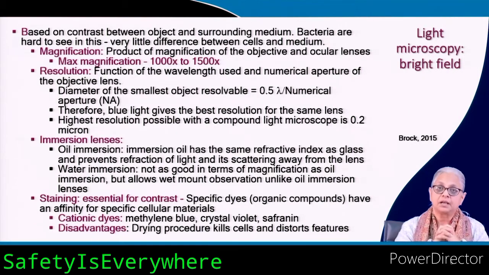We don't have air in between because, one, the objective lens comes very close to the object, and two, to ensure that the light passing through the object is collected by the objective lens completely. So you have a drop of oil or a drop of water, either of them will do. Oil gives better results. This is done to ensure that the light does not scatter away from the object and it is collected completely by the objective lens.